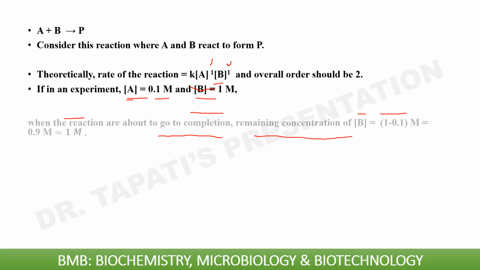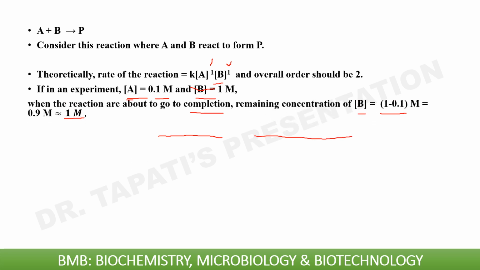In this experiment, concentration of B is very high, it is 1 molar as compared to concentration of A, that is 0.1 molar, and therefore concentration of B remains constant.